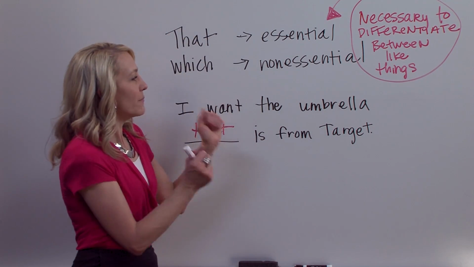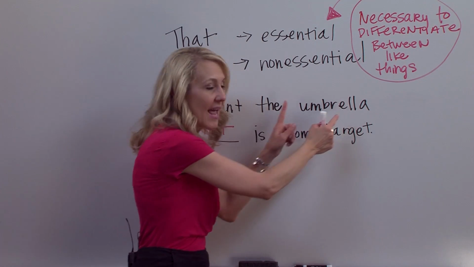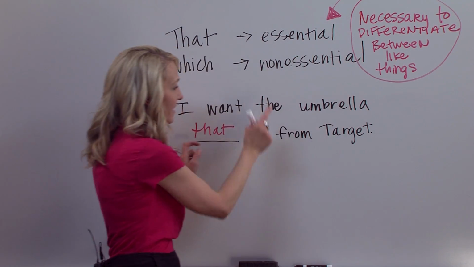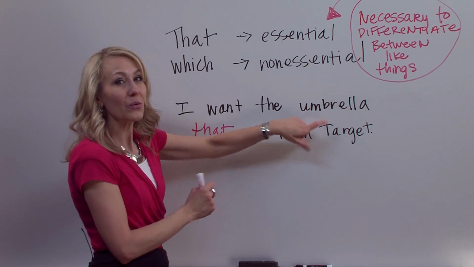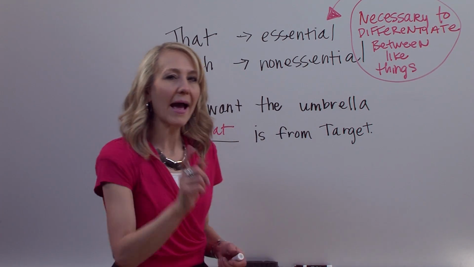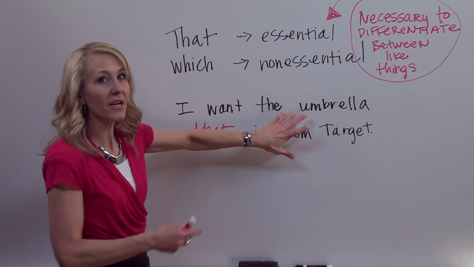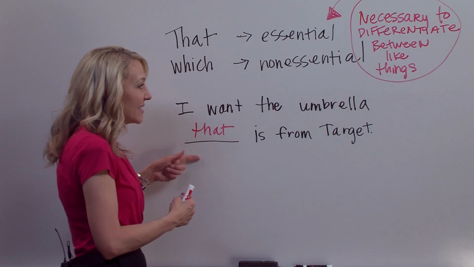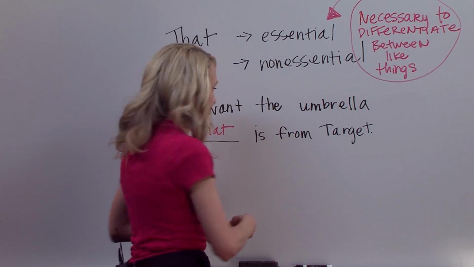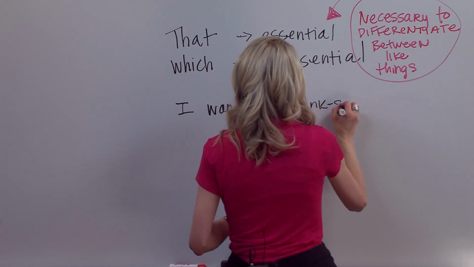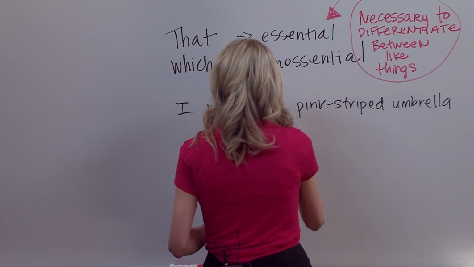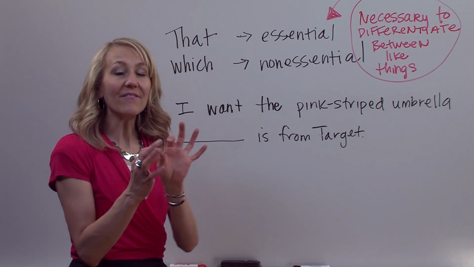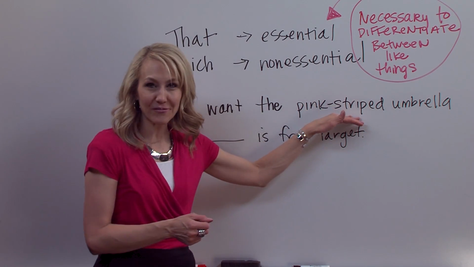So in other words, the more general the item, the more likely it is that you're going to need this information to differentiate it between other like things. But watch what happens when I put the detailed information before the item. So if I give more detail about the item, it becomes less necessary to differentiate it. Okay, now in this case, I've actually given you already qualifier information.